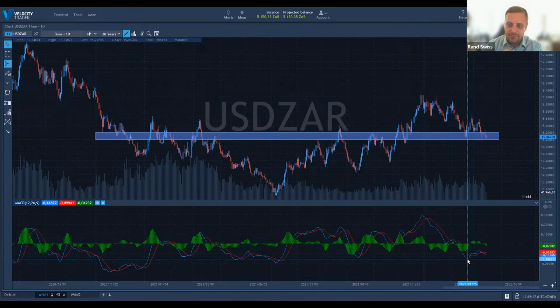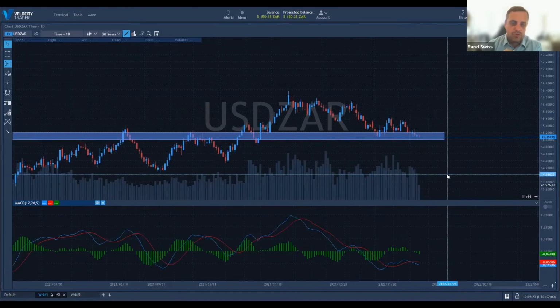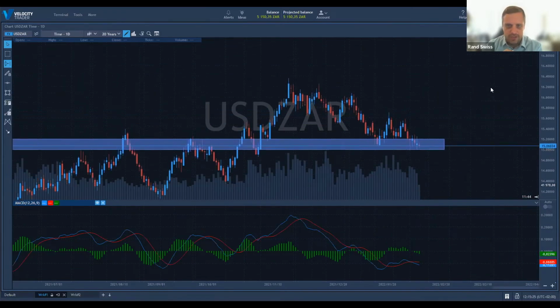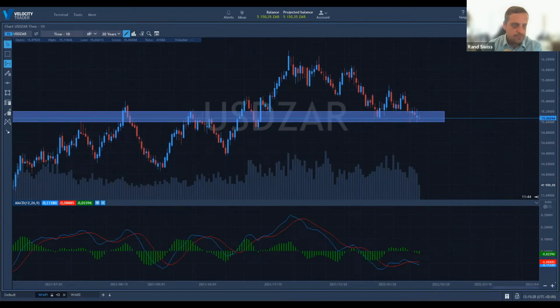But what do we see there? If we zoom in a little bit, if you come to this webinar, we've spoken about these divergences many, many times. What do we see there? Okay, so it's been flat there. You can very clearly see it's been flat. Yes, it's gone slightly lower, but mostly it's been flat.